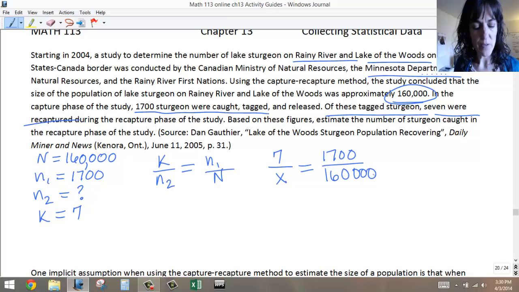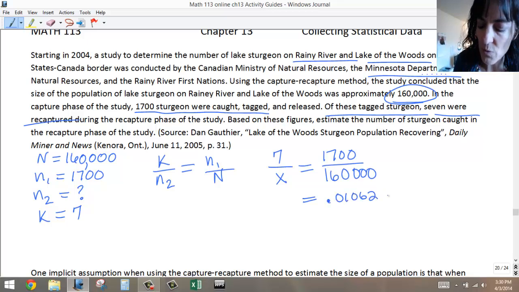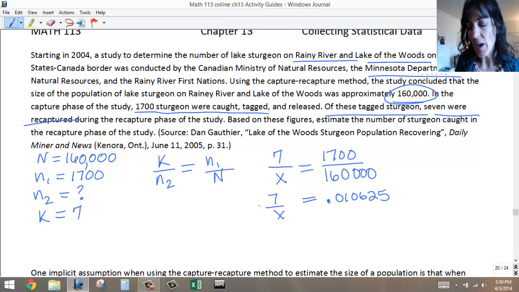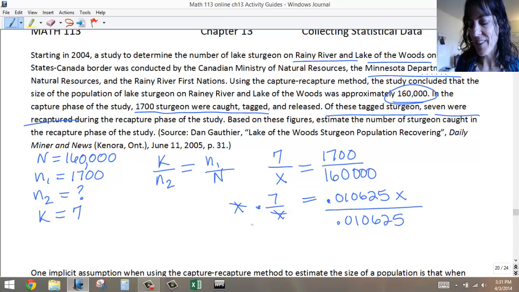1,700 divided by 160,000, and I get a decimal value which I'm going to leave there, which is 0.010625 equals 7 over X. I want to clear that fraction, so I'll go ahead and multiply both sides by X. Clears it on the right, and so I have 7 equals 0.010625X. So I'm going to divide both sides by 0.010625.